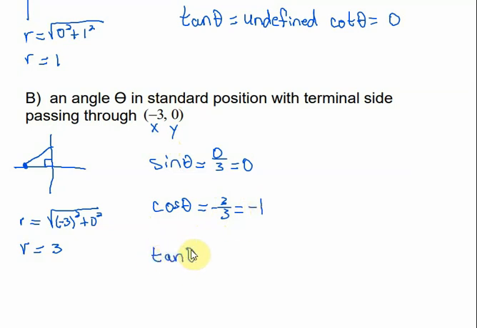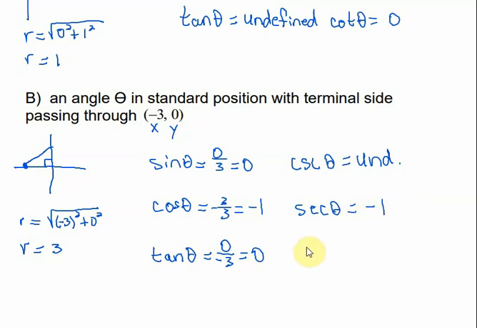Tangent of theta is y over x, sorry, that's 0 over -3, which is 0. And then our reciprocal functions, if I flip 0, then that becomes undefined. Secant of theta, the reciprocal of -1 is still -1, and then cotangent of theta becomes undefined.